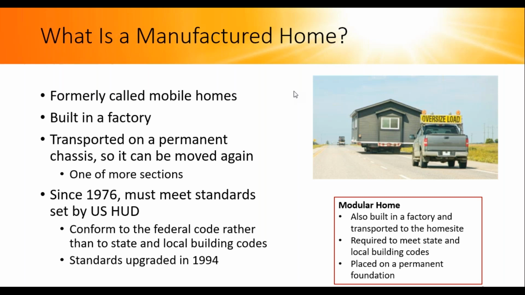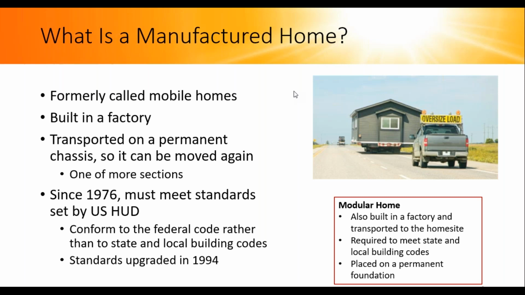The home can be in one section, sometimes called a single wide, or it could be in multiple sections, a double wide or more. And because it's on a chassis, there's a potential to move the home from site to site, although that doesn't happen very often.